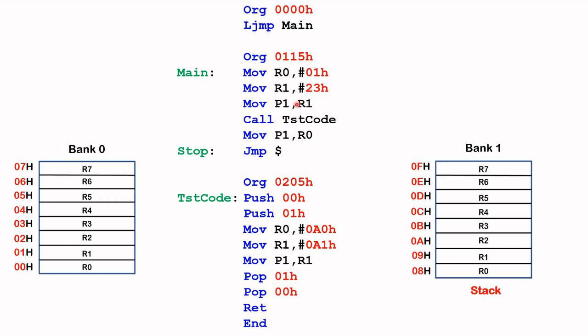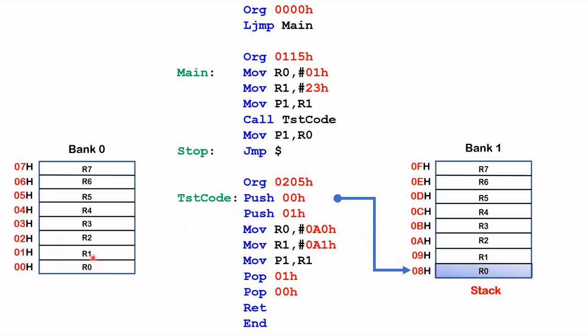Then copy the contents of R1 to P1, then call this subroutine TST code, which starts at 0205. First instruction is to push the value 00 hex, which is actually R0. Push that on the stack here.